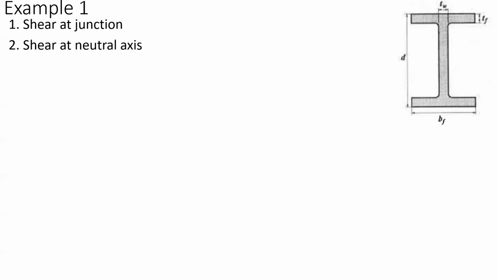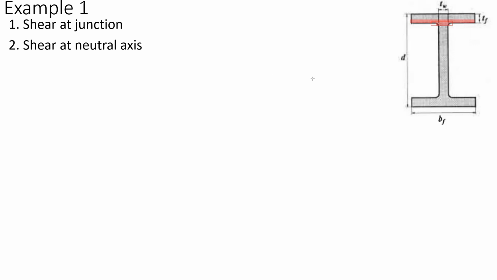So when you say shear at the junction, the first one would be, if we consider this area, our junction is here. So you have two types. The first one wherein your b or your base is this one, the large one. The second one is if your base is here at the bottom.